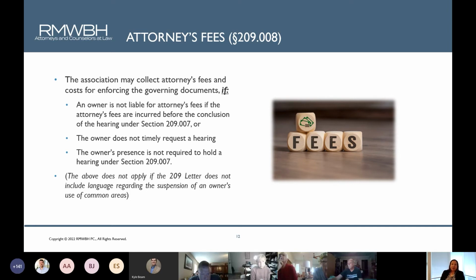So this is why this is really an important provision, and we want the association to be able to recover everything that it's out, hard costs, soft costs, including attorney's fees. And the reason why it's important is that the association, again, can't recover them if the 209 letter is not sent.